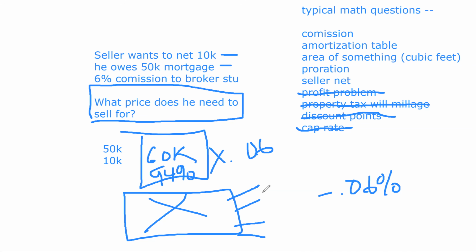So that is the situation there in regards to what you're typically going to see on a seller net problem. Does that make sense? So you're adding up a bunch of numbers, and then you're going to be subtracting the percentage from it, okay? And then basically dividing by that, okay? And we'll see it live in another question as well.